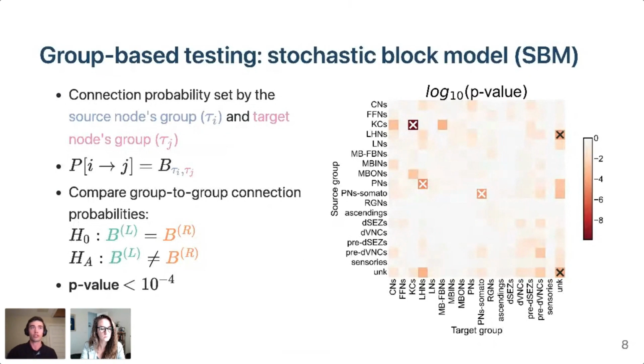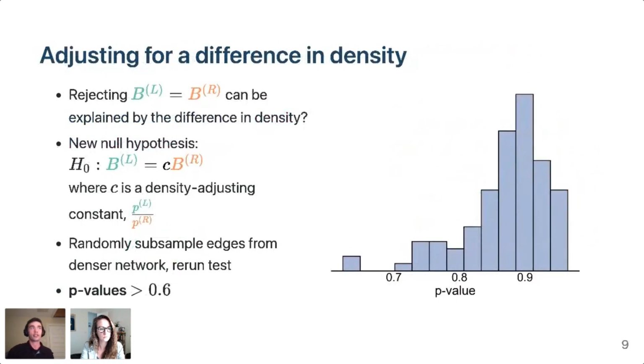So long story short, under this stochastic block model, which cares about connection probabilities between cell types, we are rejecting this null hypothesis of bilateral symmetry. But in some sense, that's not surprising, given what I've already told you about the difference in density. We already saw that even under the simplest model, these two networks were different.